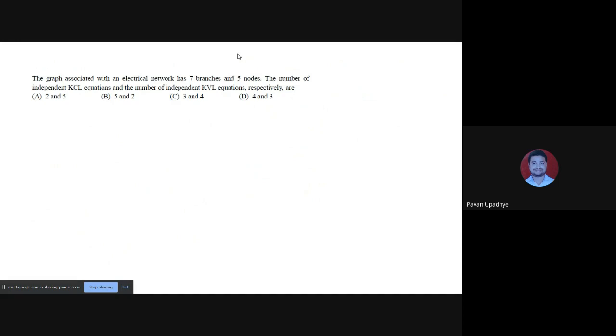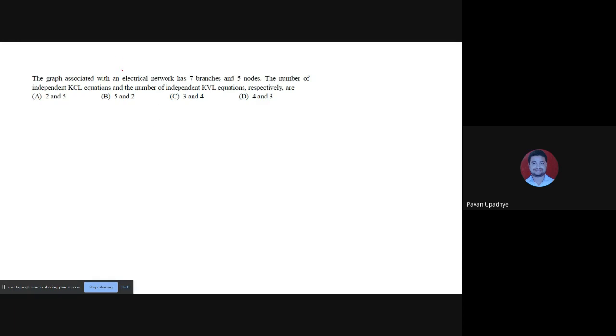You might be also knowing that some numericals based on graphical theory or graph theory also appear in the examination. So in such a case, you have to be known about some formulae used for calculating the number of nodal equations and number of mesh equations possible. I will let you know that during this numerical.